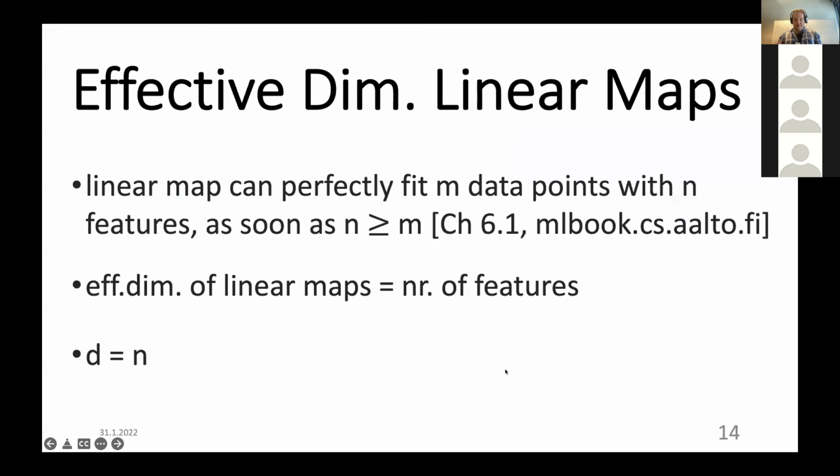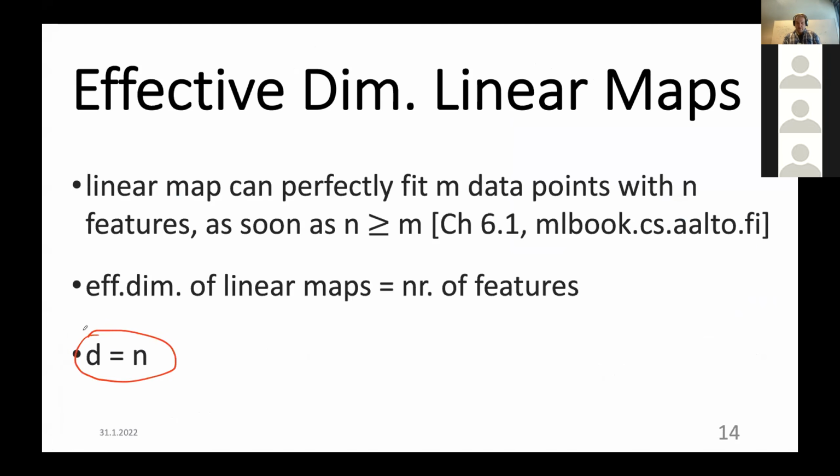And just to get a feeling for this measure, for example, when you look at a linear model, which is the set of all linear maps of n features, it turns out that the effective dimension of this linear model is the number of features. So the effective dimension, which is denoted D, equals the number of features when you use a linear model.